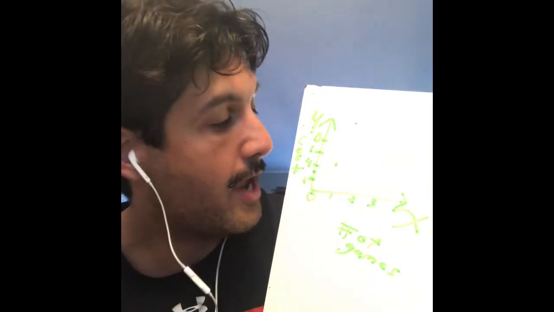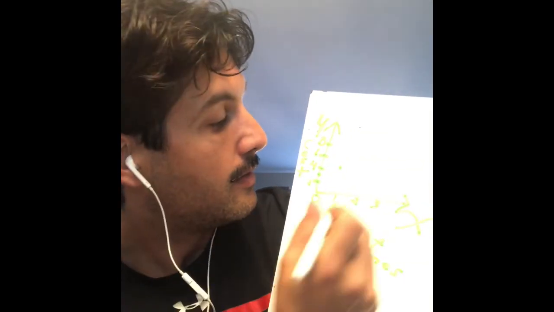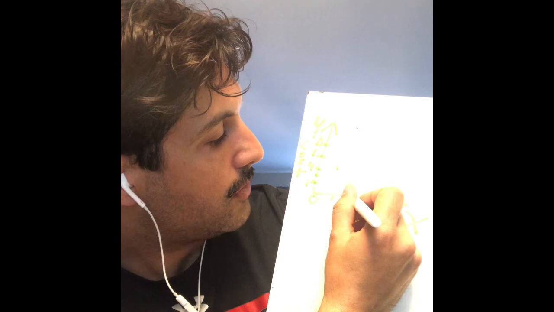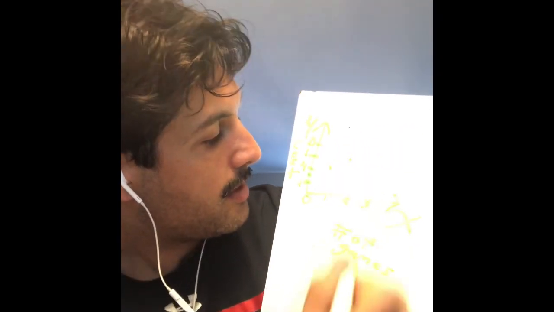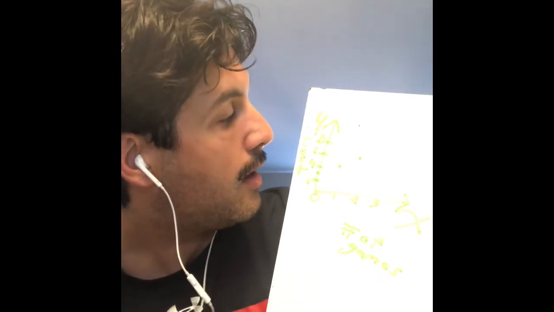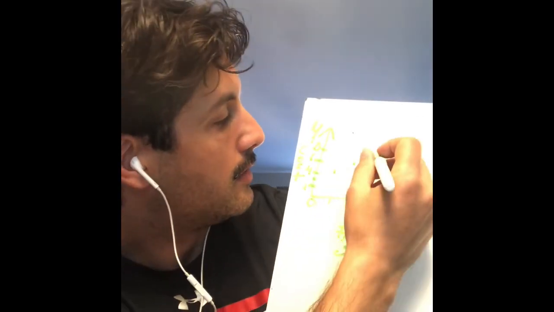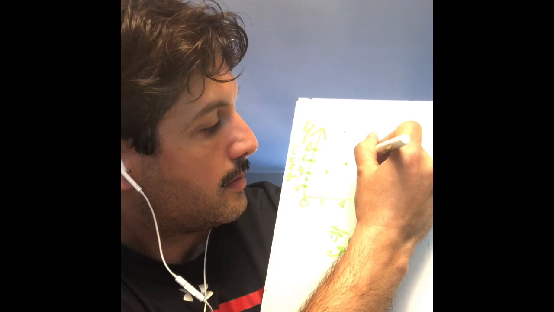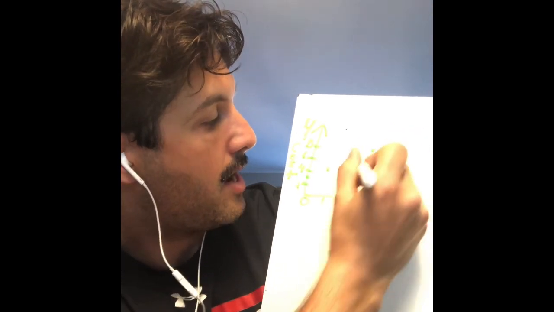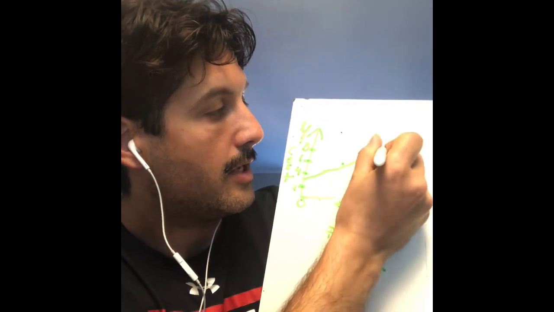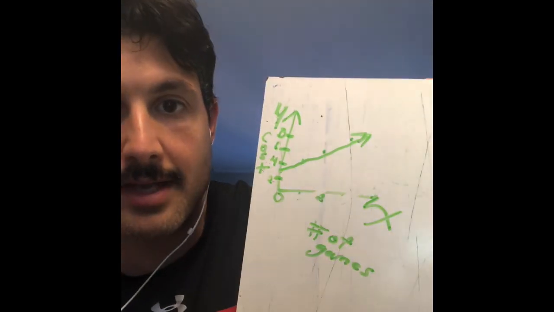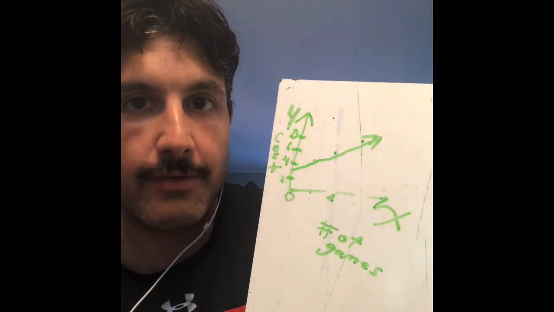If I played 2 games, I would be at $7. So for 2, I'm going to go up to 7. And then for 3, I'm at $9. Over 3, up 9. I should have a straight line linear relationship. And so that's it. That's how you would graph that line.